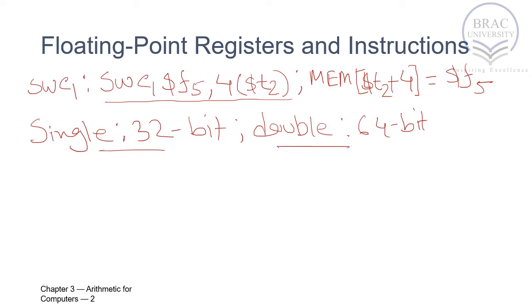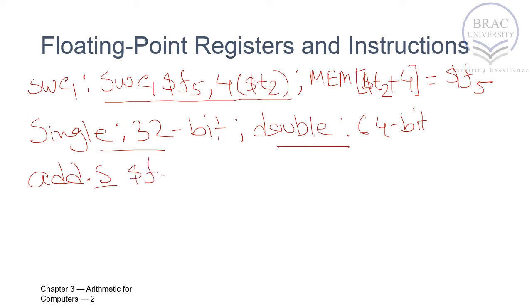To do that, let's say we have an instruction which is add dot s. When we write this s, it means this is an addition operation, but it is a single precision addition operation. So we can write something like this.